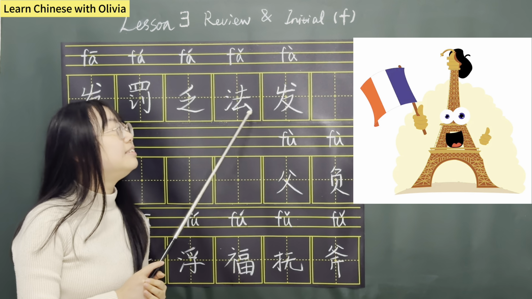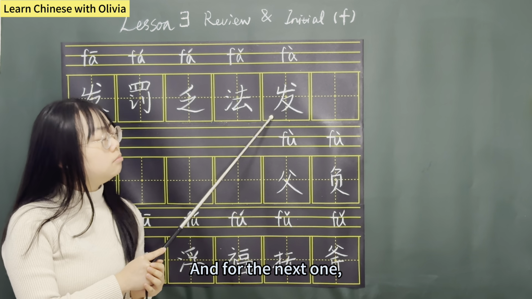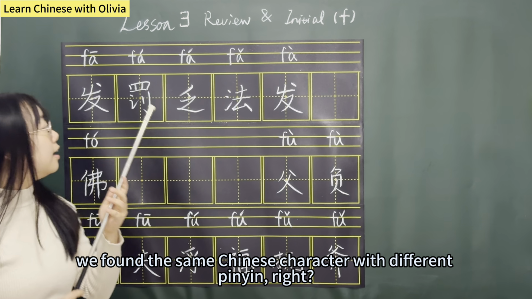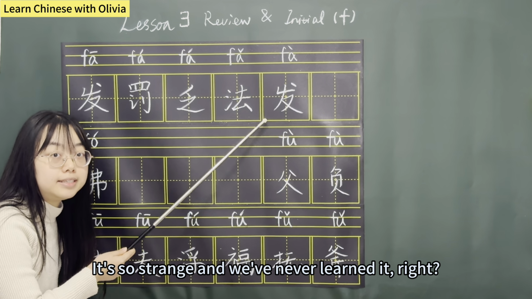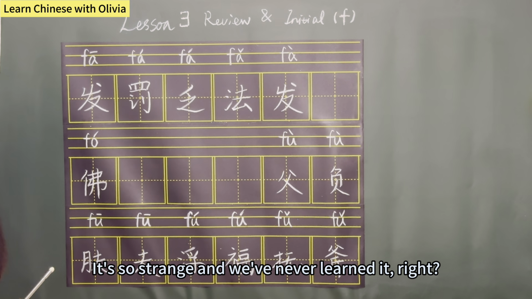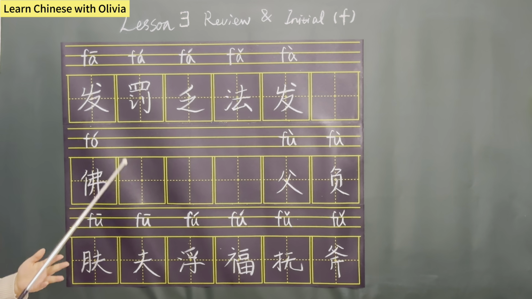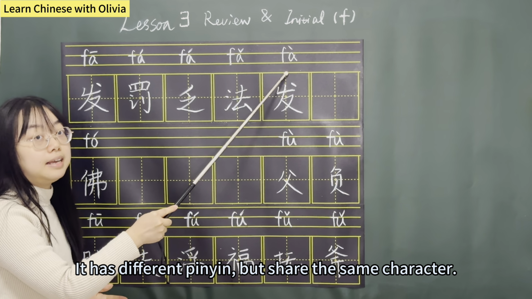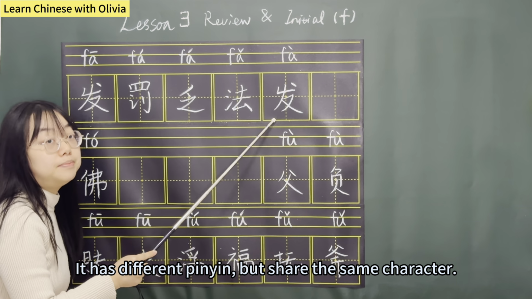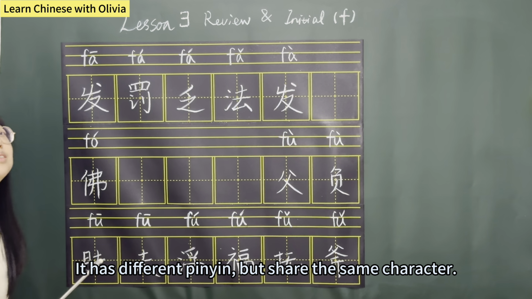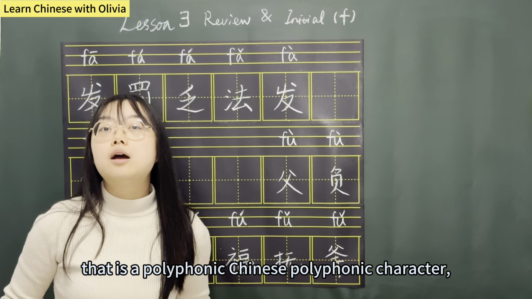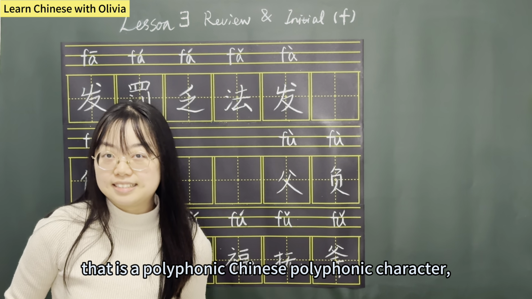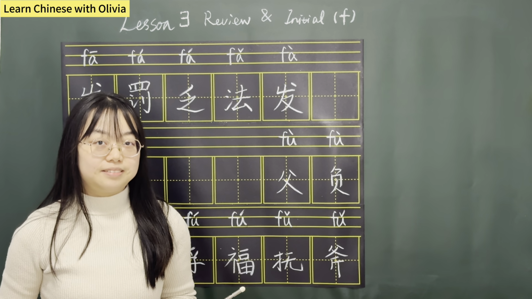法国. And for the next one, we find the two same Chinese characters, right? It's so strange, we never made that, right? They have different pinyin but share the same characters. So that is key point number 4. That is polyphonic Chinese, polyphonic character.